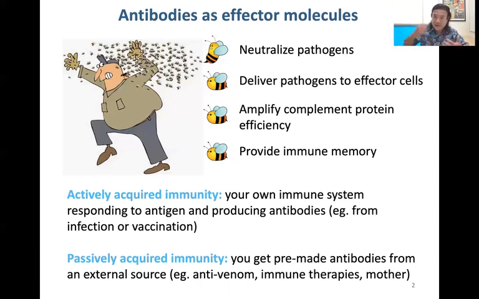So immune therapies that involve infusion of high quality purified antibodies that can target things like cancer cells are becoming more and more popular. But those are kind of artificial. Those are man-made, modern medicine.